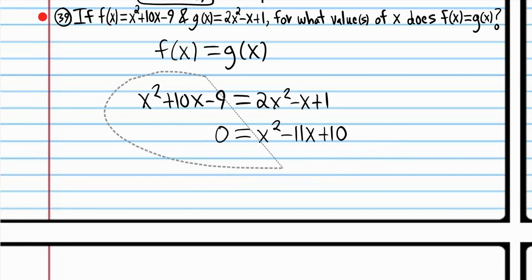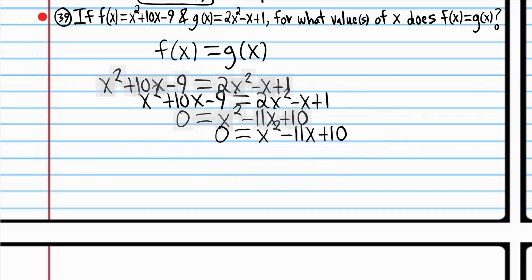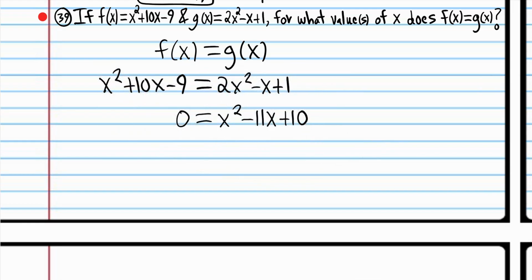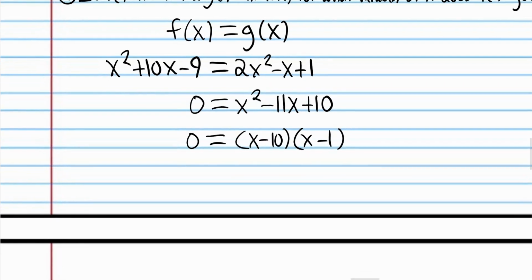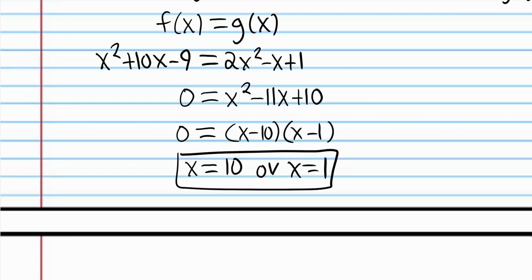So we're now ready to solve the equation. We're going to use factoring, and so x can be 10 or x can be 1. So those are the solutions.